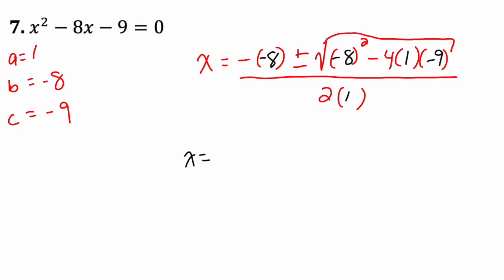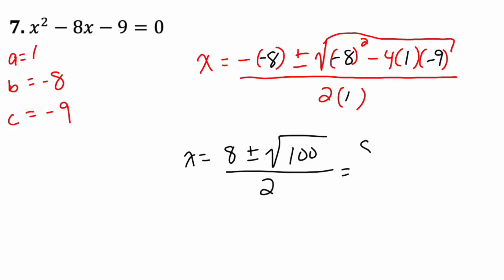So x is equal to minus a -8, that's a +8, plus or minus. Again, in my calculator, I'm doing -8 in parentheses squared minus 4 times, you don't really need a times 1 because that's not going to change it, but just good habit to be in. 4 times 1 times -9, you end up with square root of 100. This is all over 2.